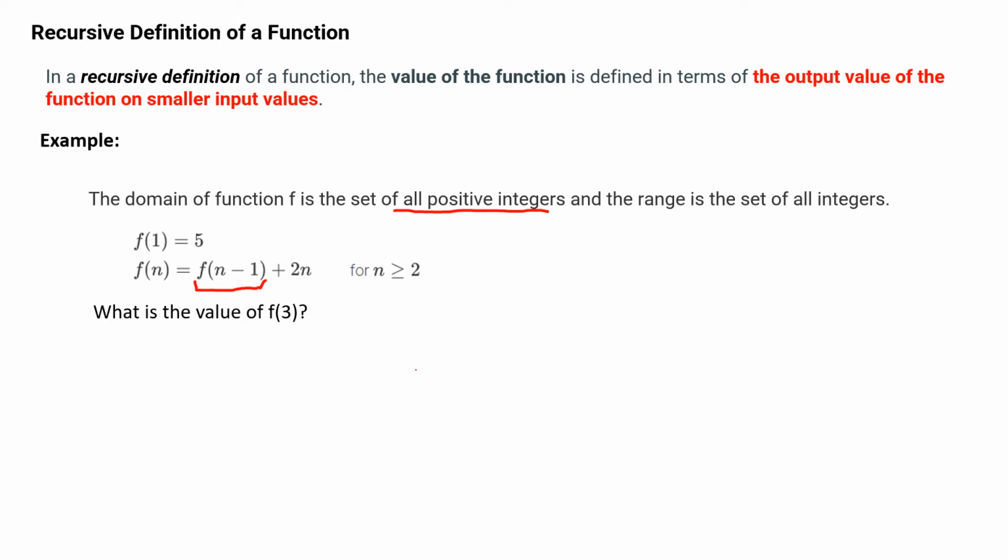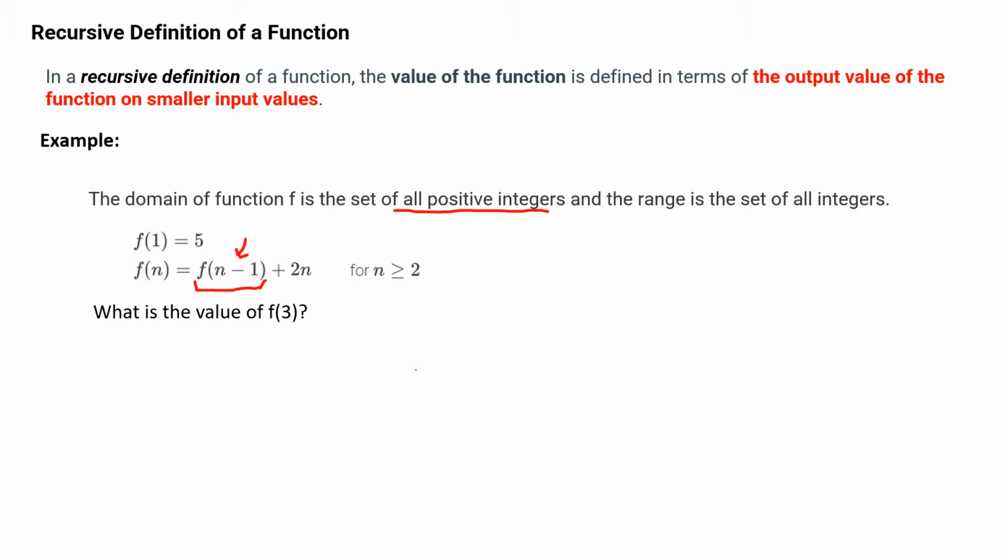If I asked you to find f of 100, I can't just plug 100 into this function, because to find f of 100, I need to know f of 99, and to find f of 99, I need to know f of 98, and so on. So it's not easy to find these values unless you start at the very beginning. That's how you have to do it.